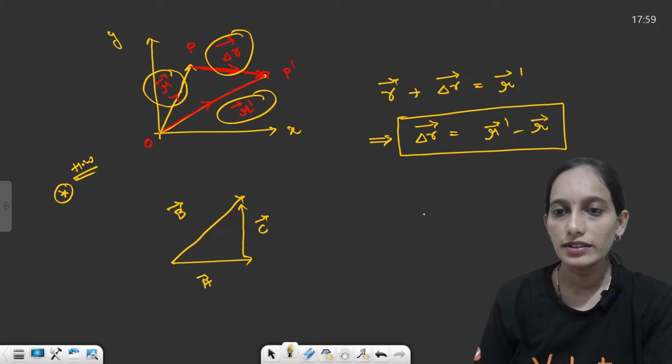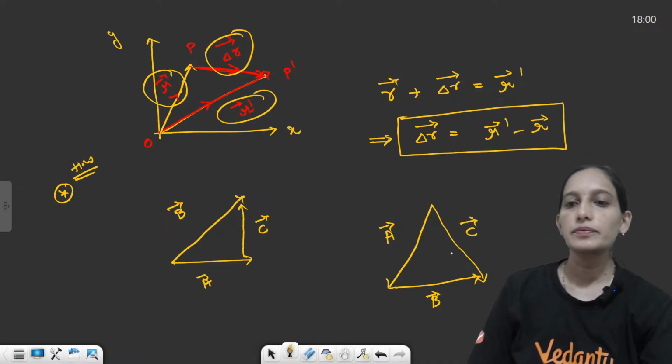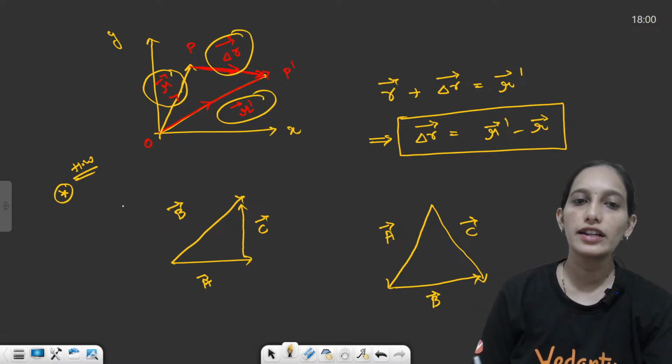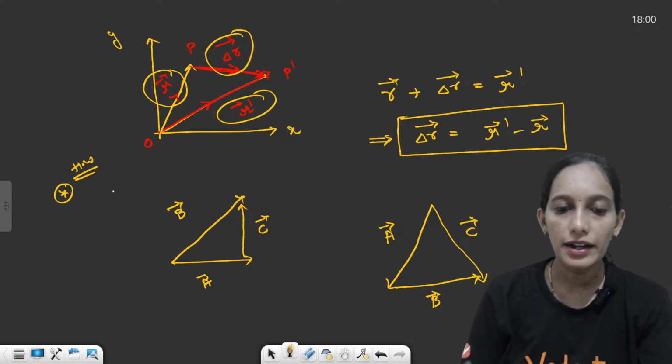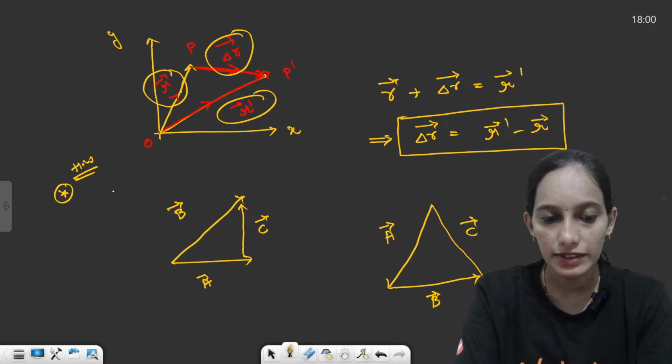Or I can say one more like this, we may have one more diagram like this. Let me say this is my a vector, this is my b vector, and this is my c vector. Your job is to obtain the relation between a, b, c by using the triangular law of vector addition method.